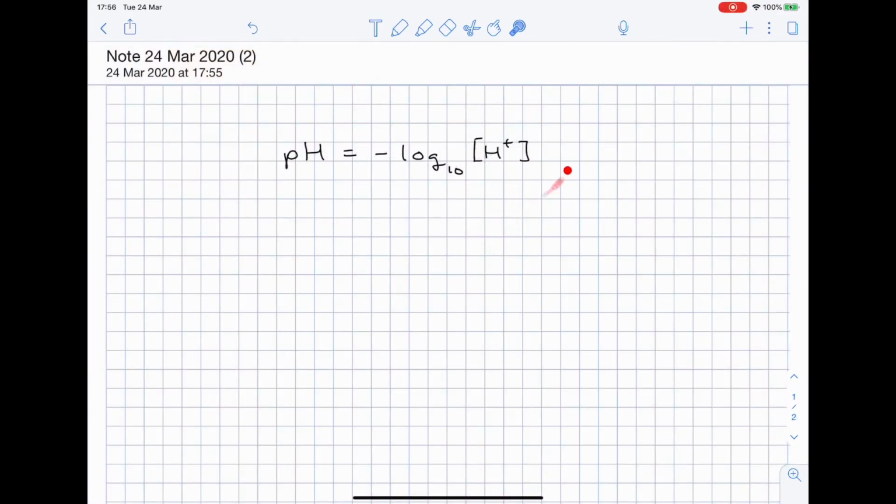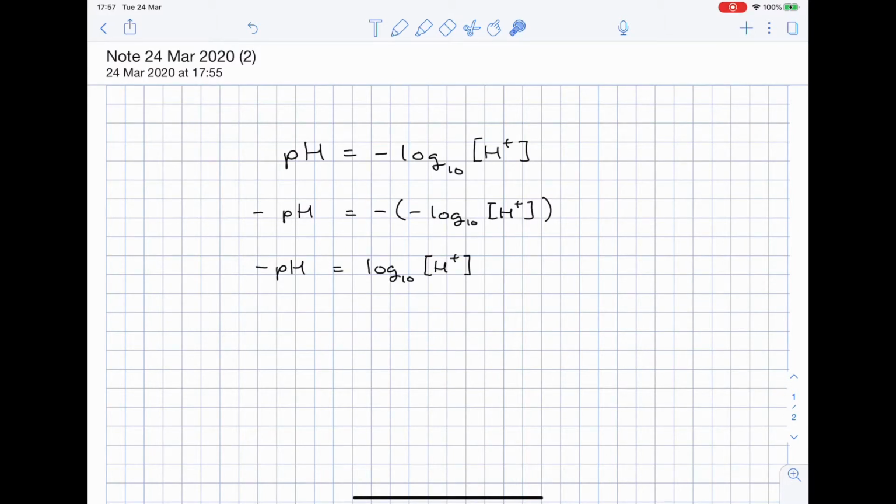We can rearrange this equation to give us the concentration of H plus ions if we know the pH. So what we do, we remove the minus sign from this side by putting minus on both sides. So I do minus pH equals minus log to the base 10 of H plus. Well, that gives us a positive on this side because a minus minus is a positive. So we'll have minus pH equals log to the base 10 of H plus concentration.